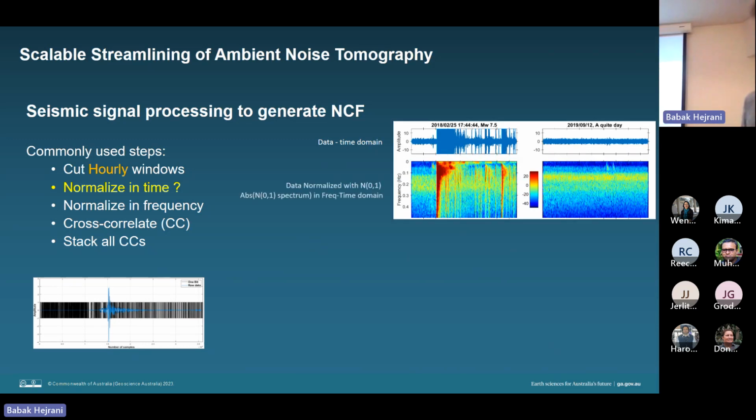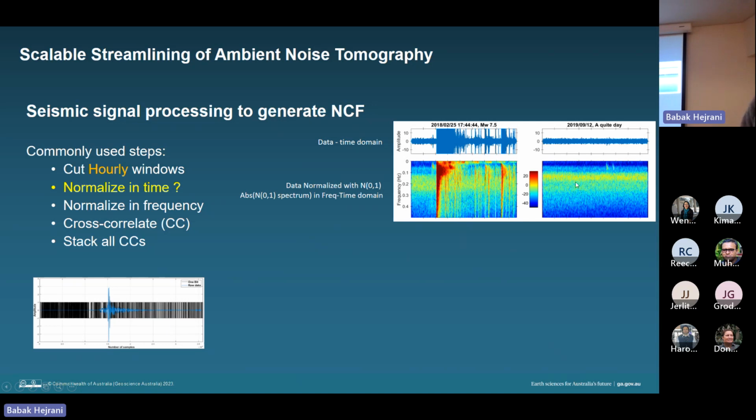And when we take the frequency-time analysis of this signal, you divide your data into short windows, and you take the Fourier transform of them. And this is the amplitude of those Fourier transforms shown in time. So you can clearly see the earthquake signal comes in and it dominates everything, but you can also see the aftershocks are also quite dominating and they're destructive in the background ambient noise.